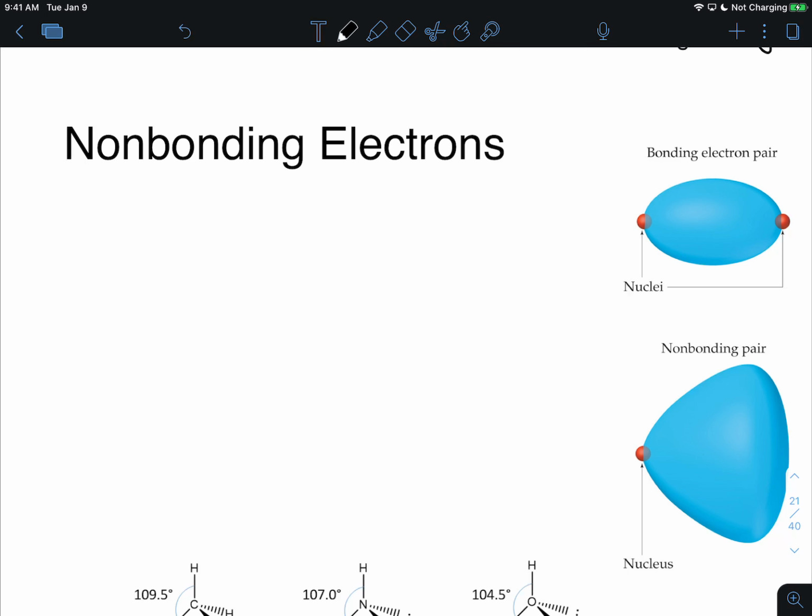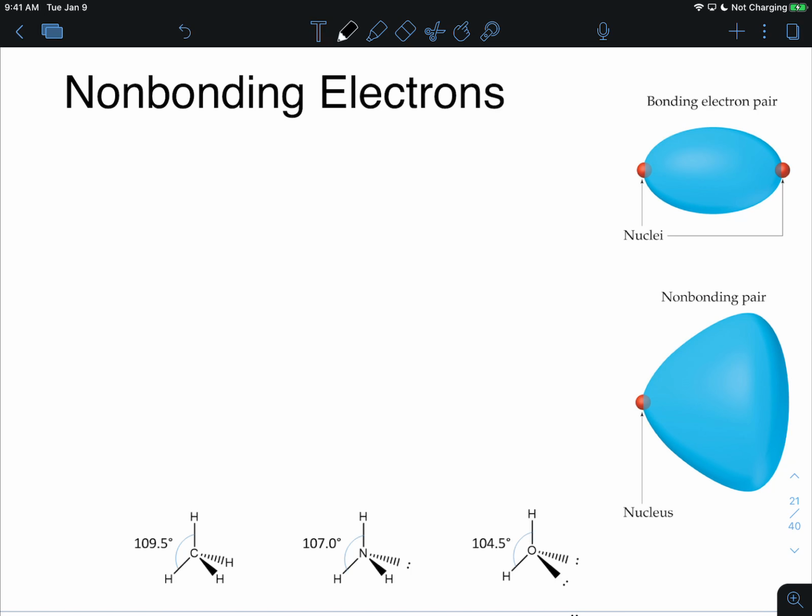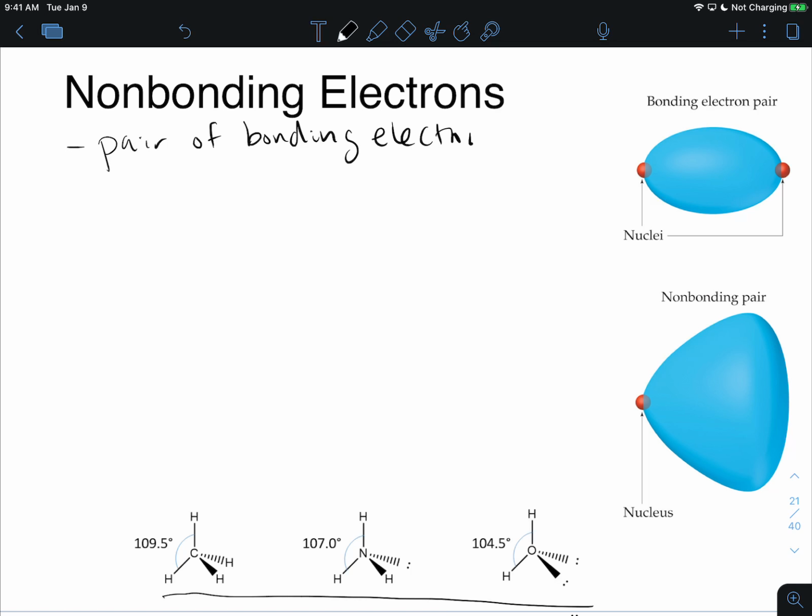Okay, so let's look a little bit more at our non-bonding electrons and why they cause more repulsion. So I told you with those non-bonding domains, you're going to have pushing down on the electrons around them, and that's going to cause us to have bond angles that are less than ideal the more non-bonding electrons you have, and it's because of effective nuclear charge. Okay, so if we think about a pair of bonding electrons, it's going to be surrounded by 2 nuclei.